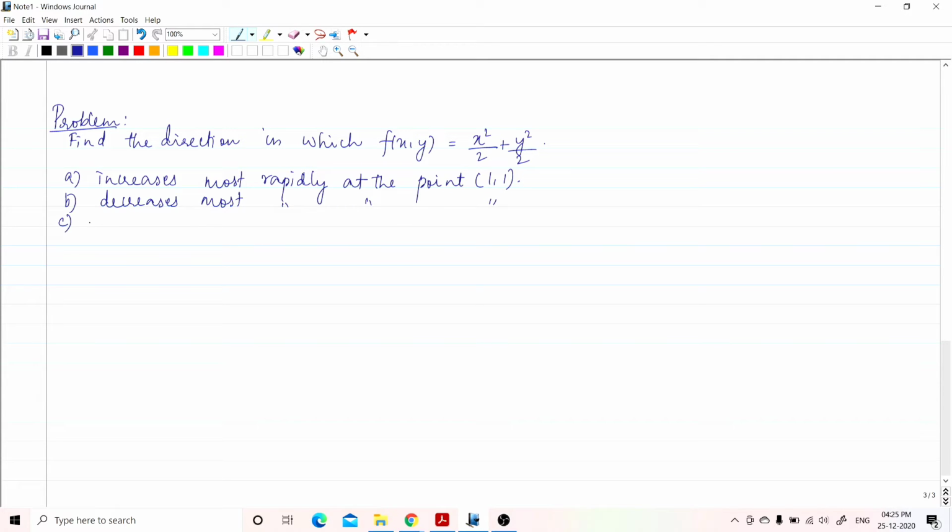And the next one is, what are the directions of zero change in f at (1, 1)? So how to find this one? Any idea?